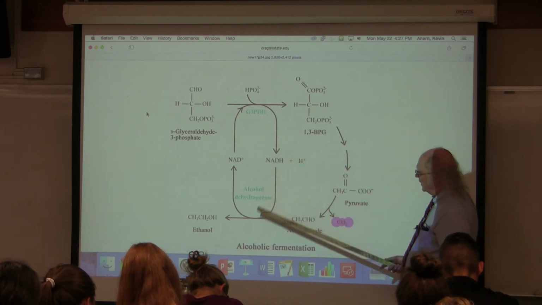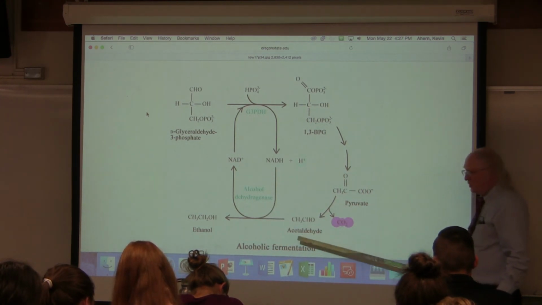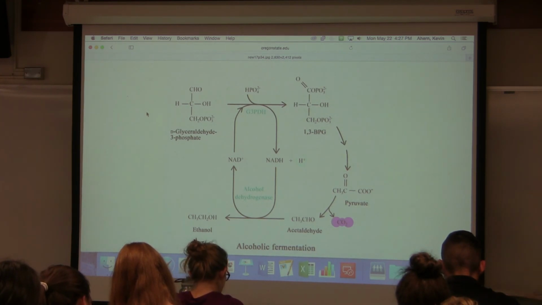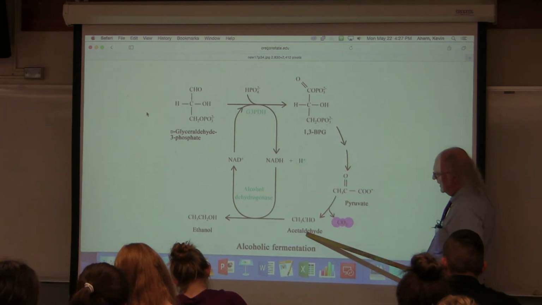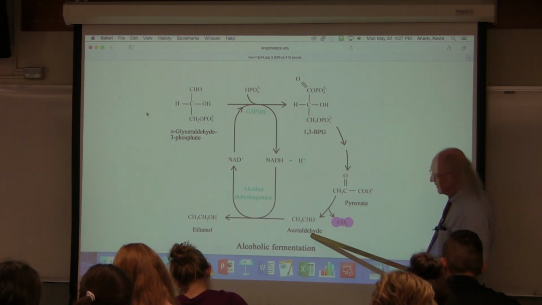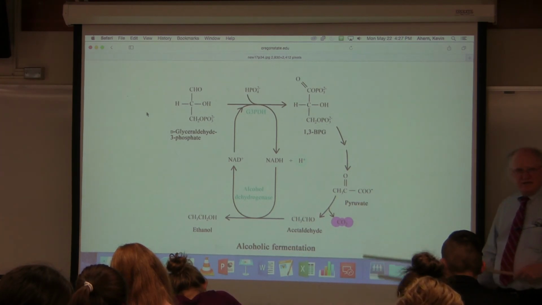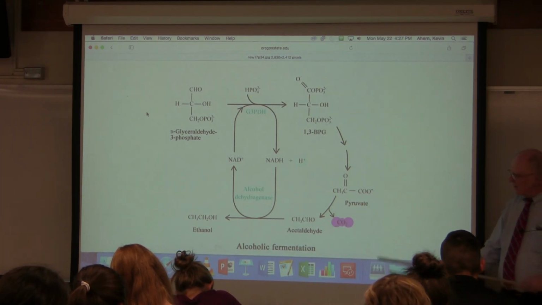Now, here shows the reaction that actually occurs in a bacterial or yeast cell. They take a compound called acetaldehyde, which is made from pyruvate. Remember, pyruvate's an end product of glycolysis.